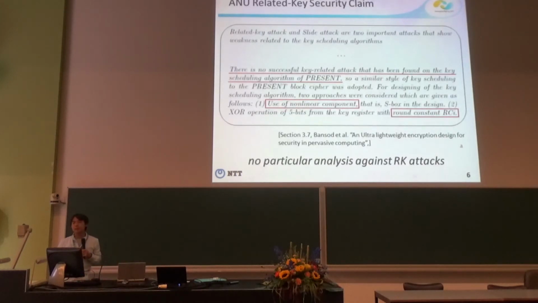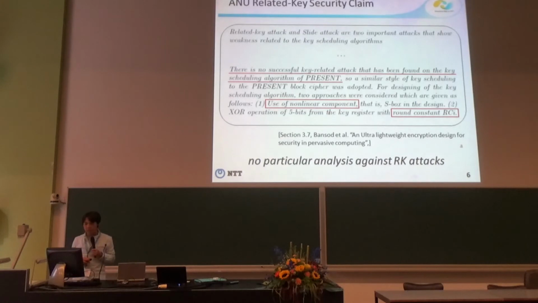And this slide shows ANU's related-key security claim. They apparently consider that related-key attacks are important. But the unfortunate thing is they rely too much, for the security aspects, on the non-existence of attacks against PRESENT.